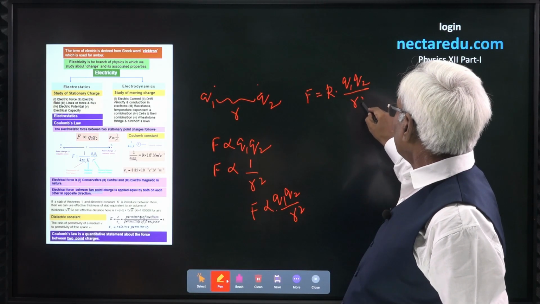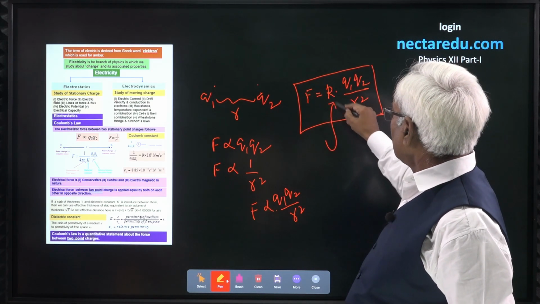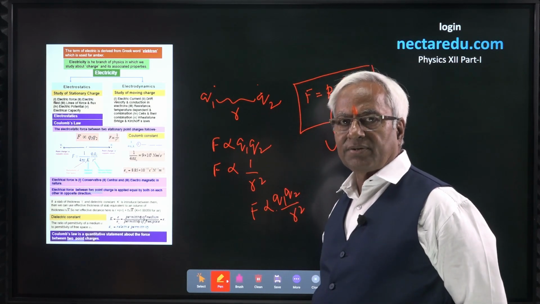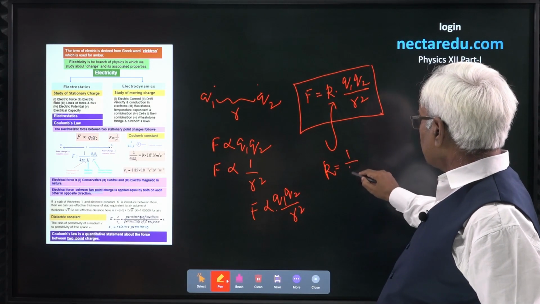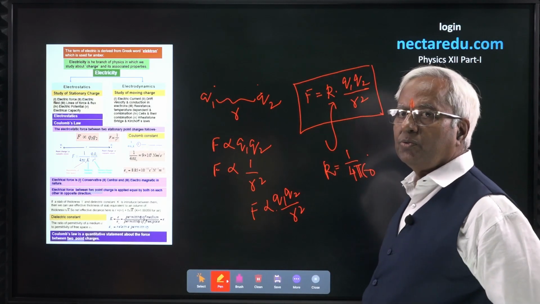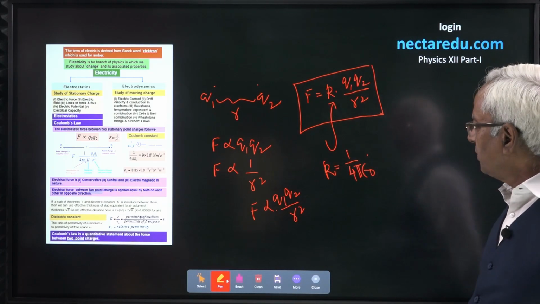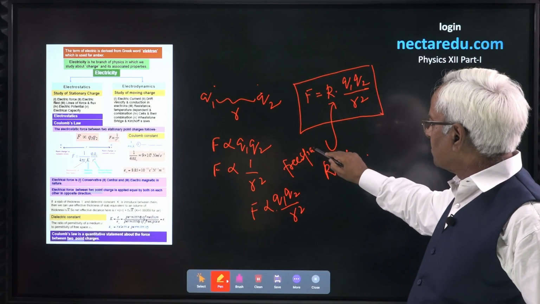This is known as Coulomb's constant. When you are talking about free space, this Coulomb's constant will be equal to 1 by 4 pi epsilon 0. Here we are considering only free space.